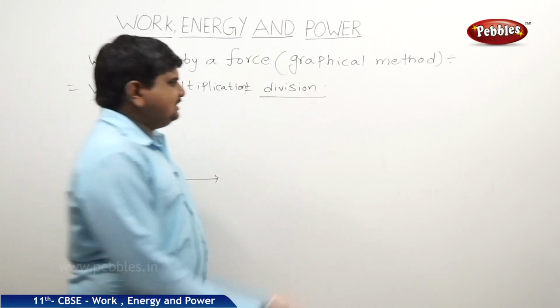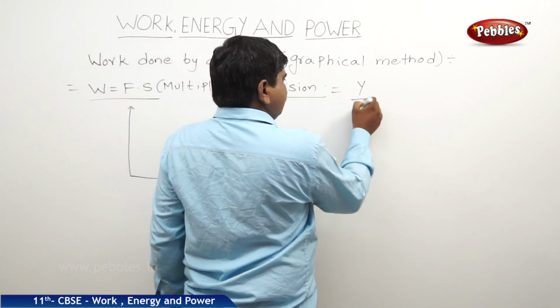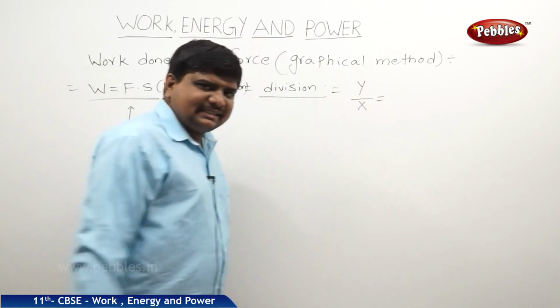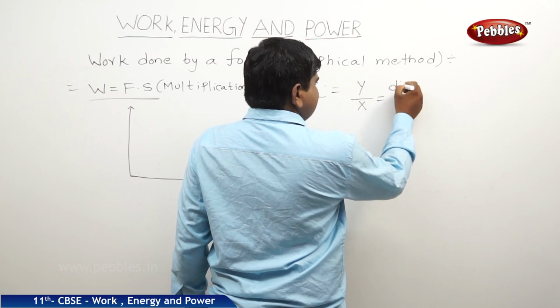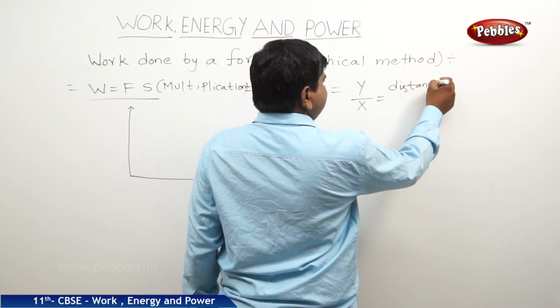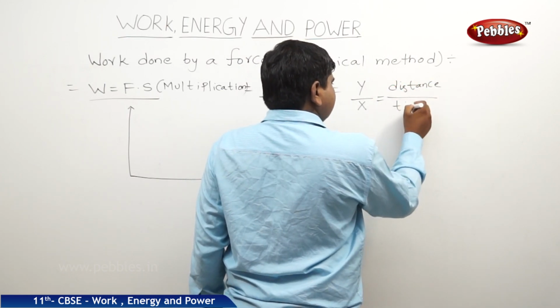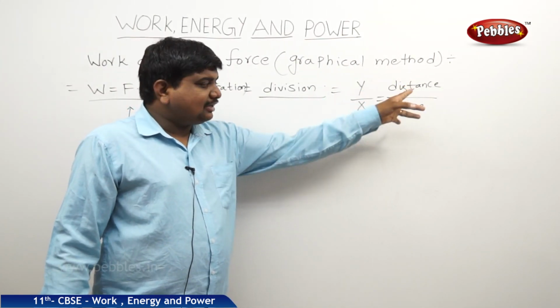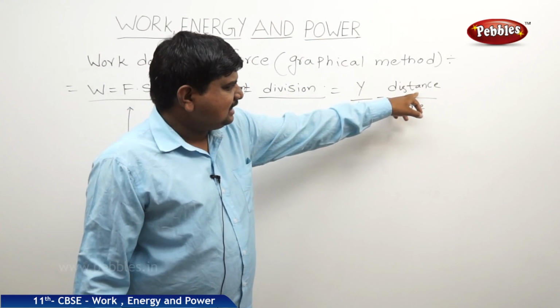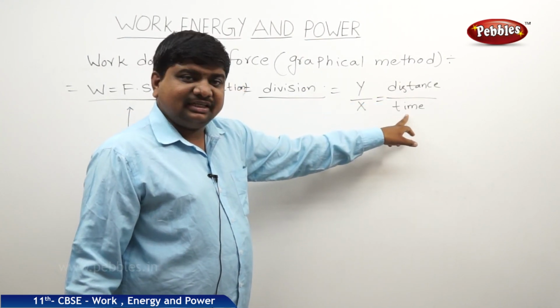In the case of division, the slope of the graph is y by x. Suppose the formula is distance by time for the speed of a body, where distance is in the numerator and time is in the denominator.